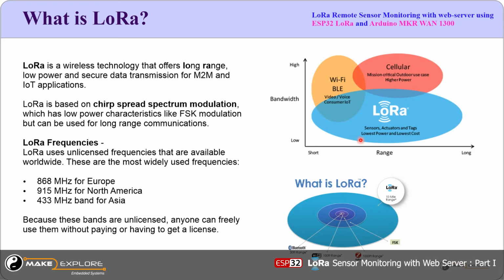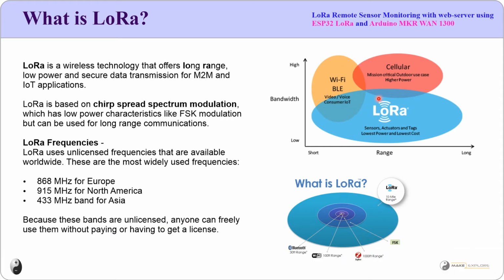You can see in this diagram that Wi-Fi and BLE, Bluetooth Low Energy, have a higher bandwidth but a low range. Cellular, which is used for mission critical and outdoor use and requires higher power, has a higher bandwidth and a range which is more than Wi-Fi and BLE.